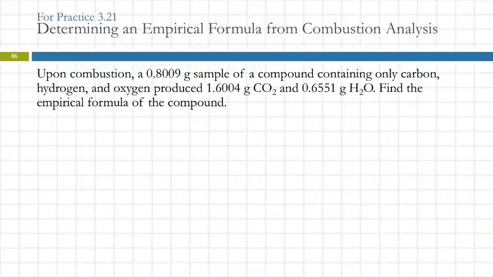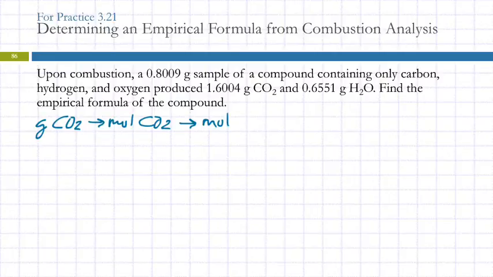So what we did before is we took grams of CO2 to moles of CO2 to moles of carbon, and then we stopped. We still need moles of carbon, but in order to find out how much oxygen there is, we need to find the mass of carbon and the mass of hydrogen and subtract them from the original sample's mass.